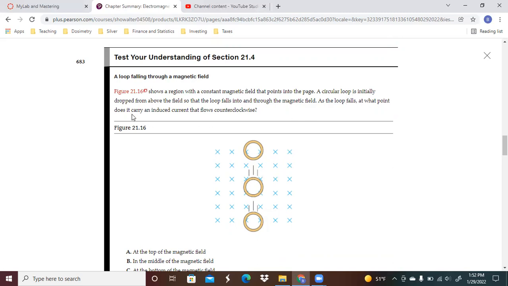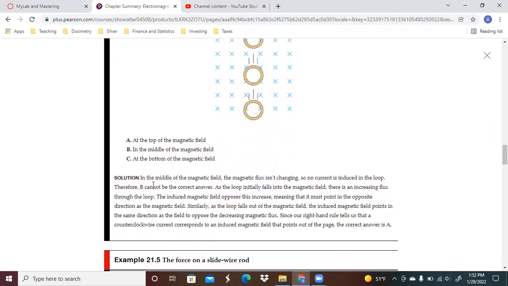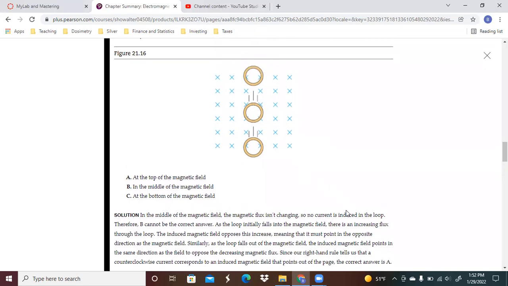So a circular loop is initially dropped from above the field so that it falls into and through the magnetic field. As it falls, at what point does it carry an induced current that flows counterclockwise, around like this? Well, a solution here is that in the middle of the magnetic field, the flux isn't changing, so there's no current in the loop.